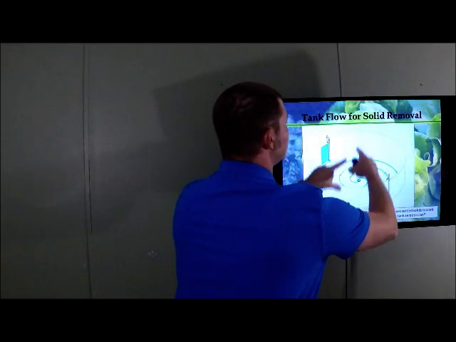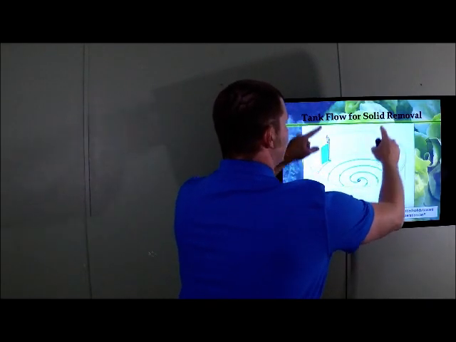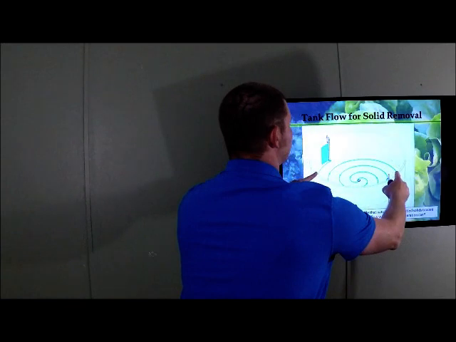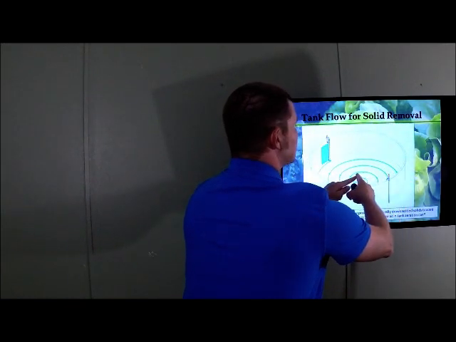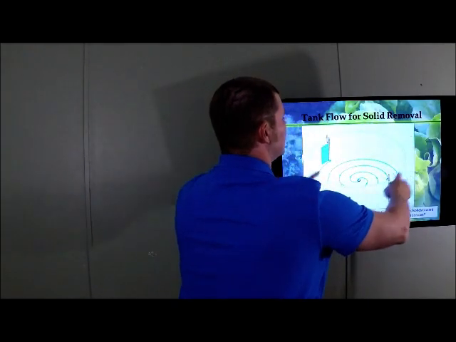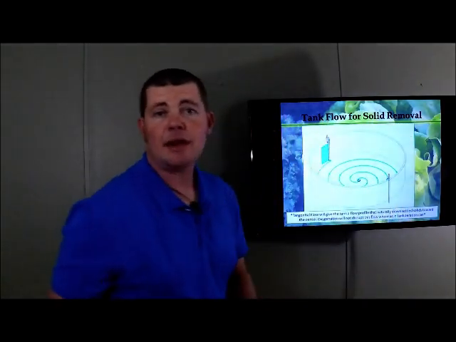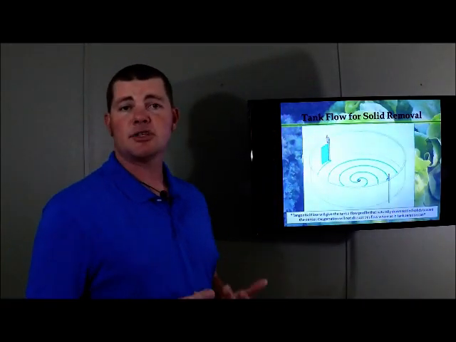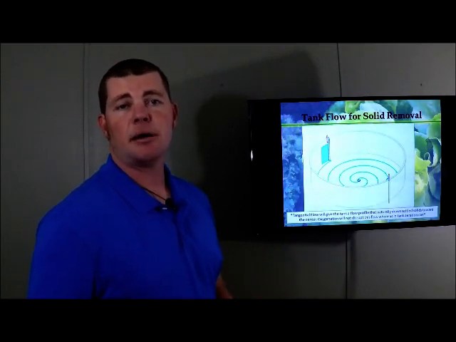So as this secondary velocity happens, it's drawing waste down to the bottom and into the center of the tank before it rises back up into the water column. So that as well helps to draw solids into the center bottom drain.